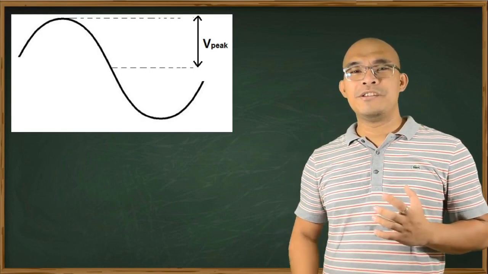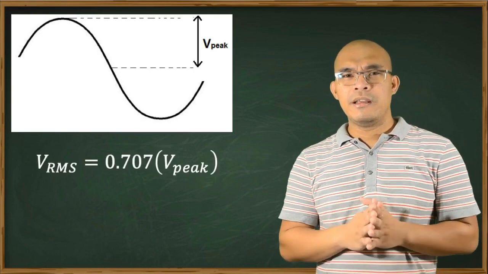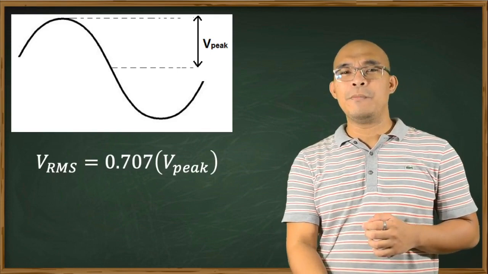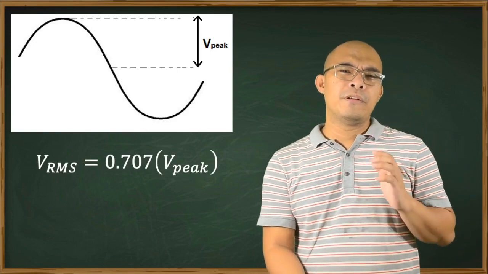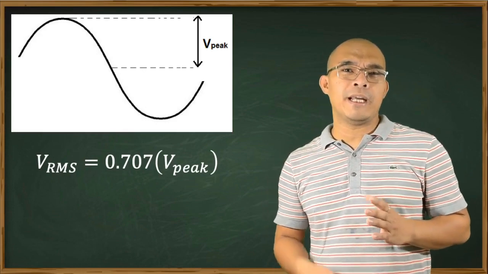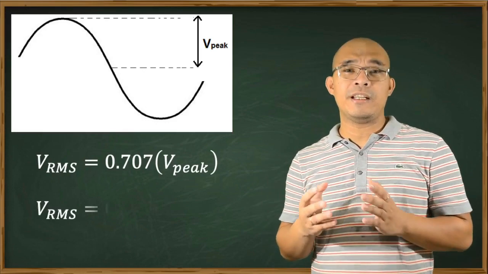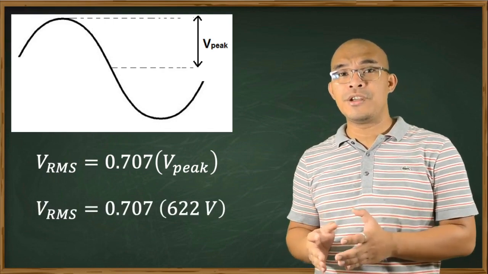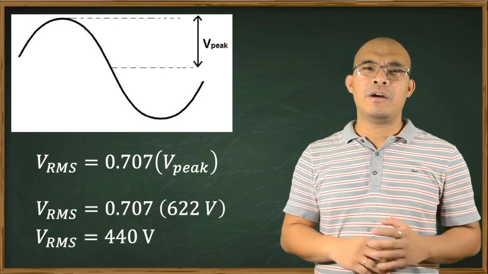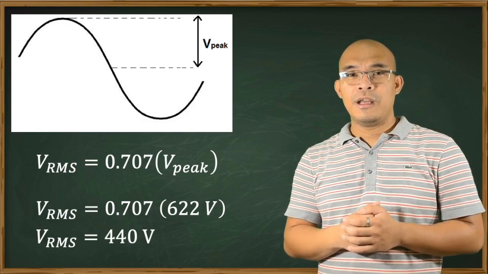The RMS voltage can be computed as 0.707 multiplied by the peak voltage, meaning if the peak voltage generated by an alternator is 622 volts, the effective or useful voltage is only around 440 volts RMS.